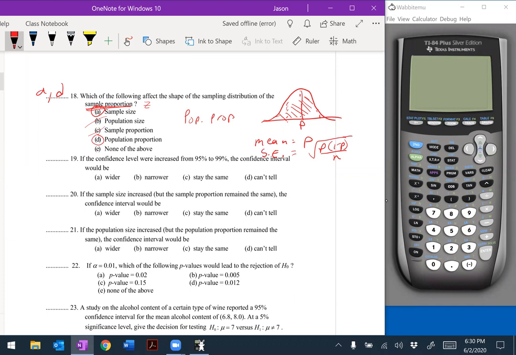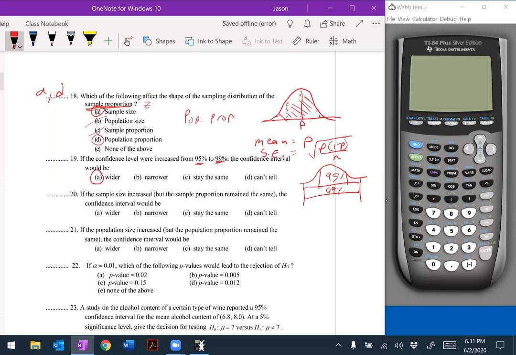If the confidence level were increased from 95 to 99%, what would happen? The confidence interval would be wider, narrower, stay the same, or can't tell. Well, if it goes to 99%, it will be wider.